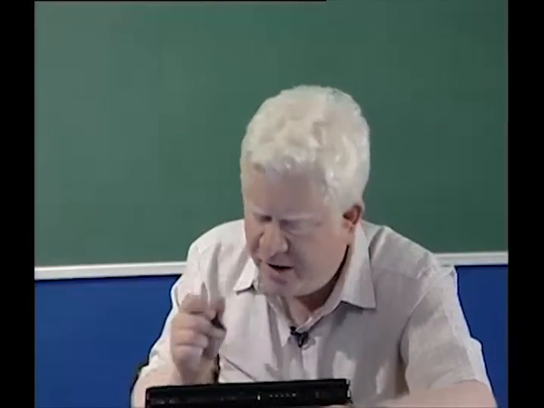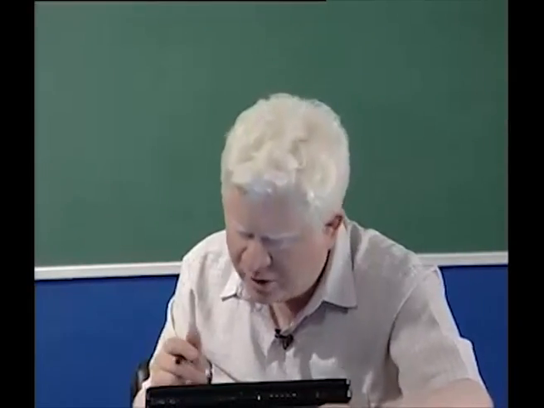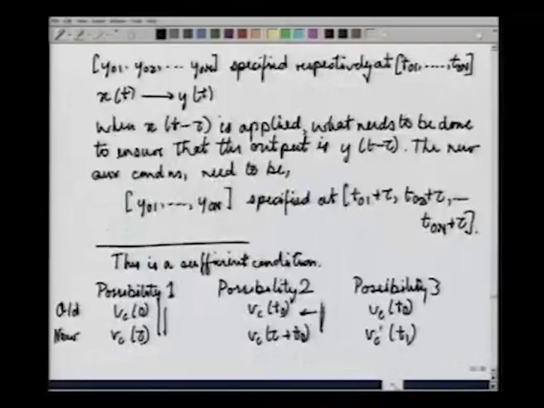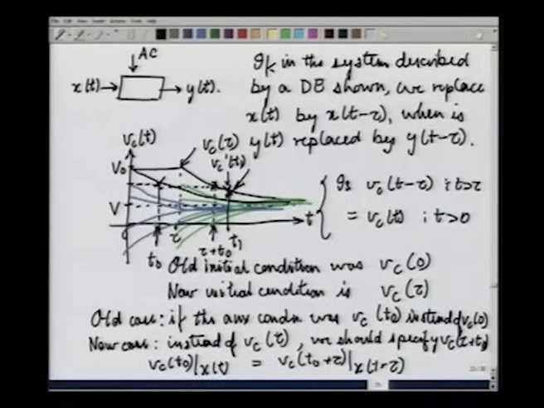You could, for example, have chosen V_c of t0 over here, and here you can have V_c dash of tau. That means specify this value over here.